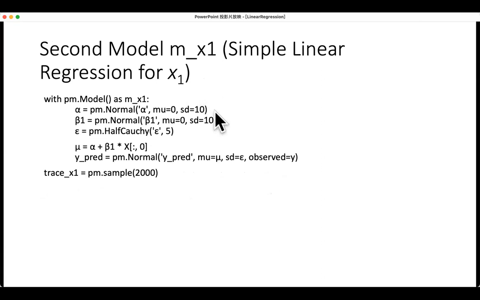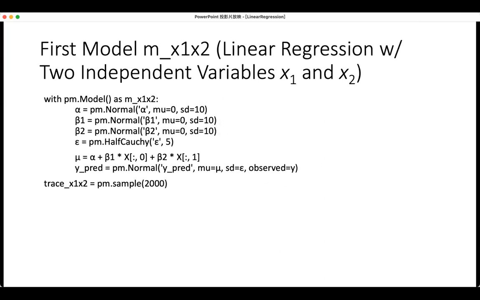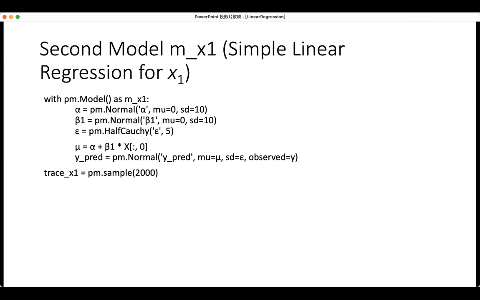The previous model is for when we consider both x1 and x2. And then the next example is we only consider x1. So we build a simple linear regression between x1 and y. This is even easier, right?